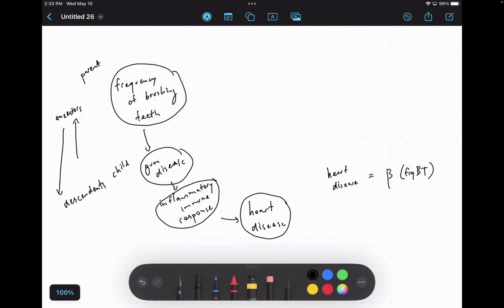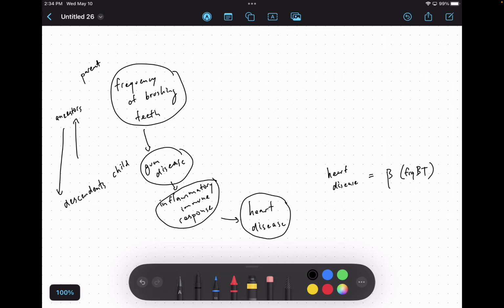Now let's zoom back out to the real world, and say I get a giant data set of a random segment of the population, and I am able to observe the prevalence of heart disease and also the frequency with which they brush their teeth.